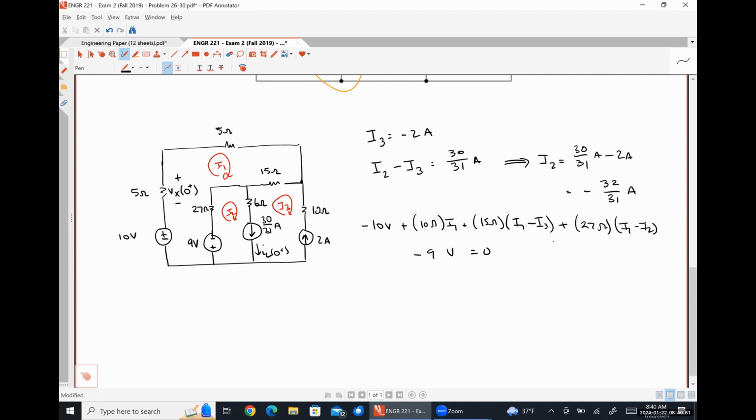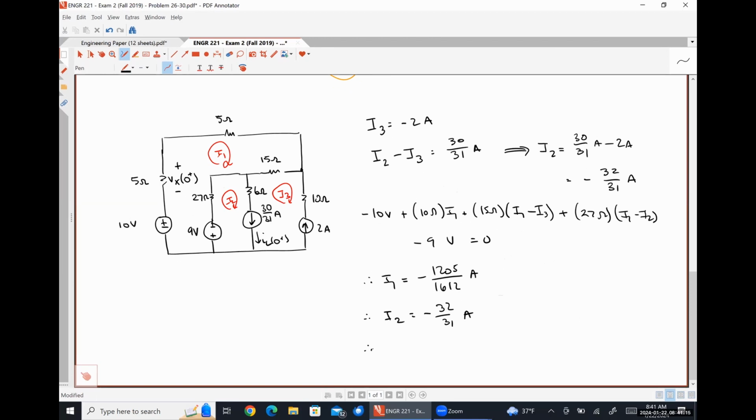Solving this, I get I1 is negative 1205 over 1612 amps. I2 is the negative 32 over 31 that we already figured out. I3 is negative 2 amps.